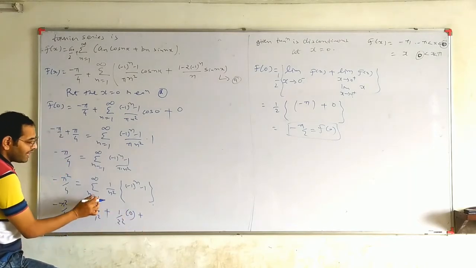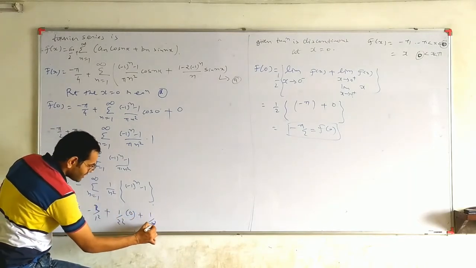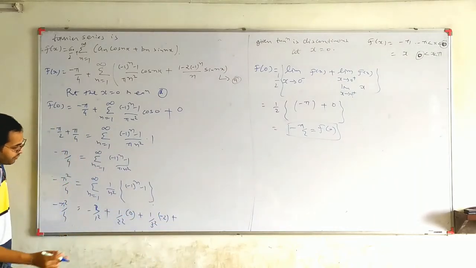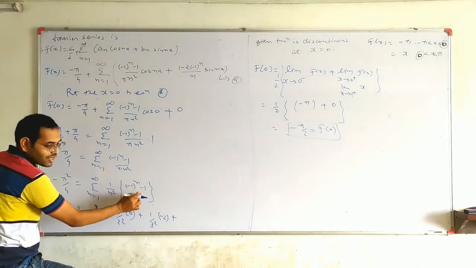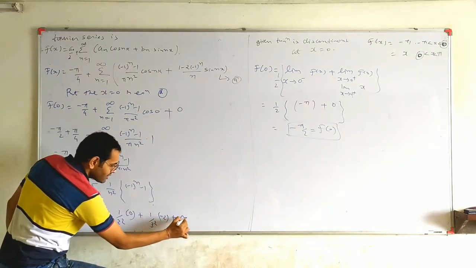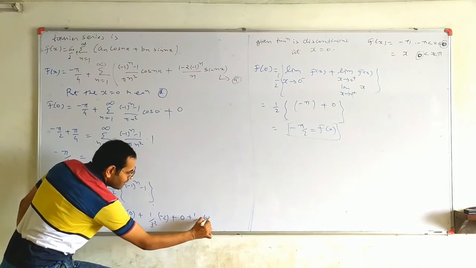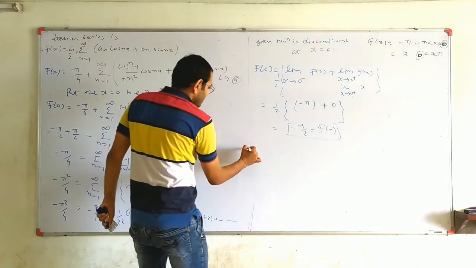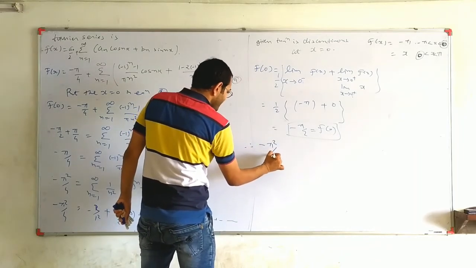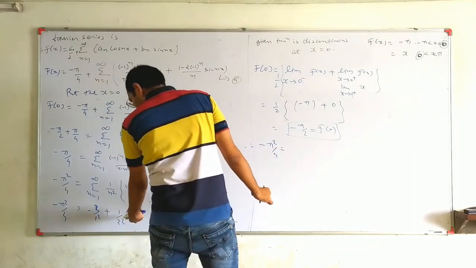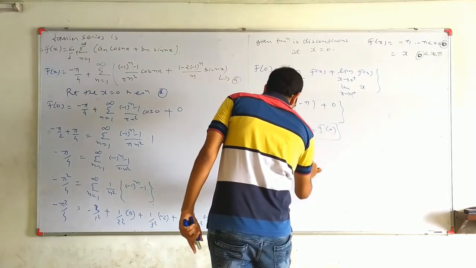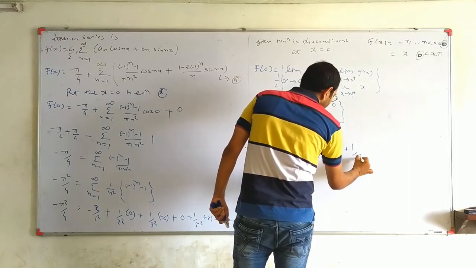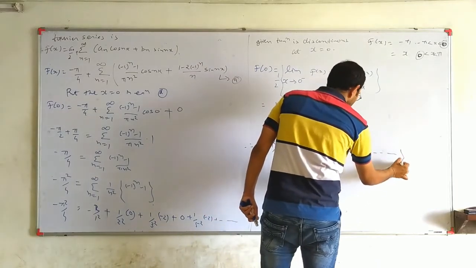Similarly, n equal to 3, then we get 1 upon 3 square into minus 2, plus n equal to 4 again 0, plus 1 upon 5 square into minus 2, and so on. In this series, minus pi square by 4, here minus 2 is common, then 1 upon 1 square plus 1 upon 3 square plus 1 upon 5 square, and so on.